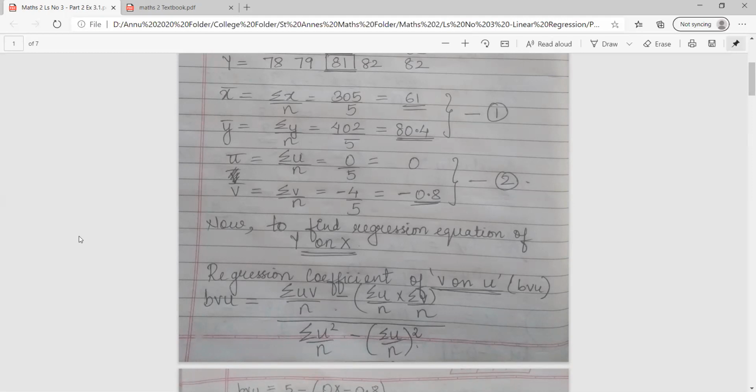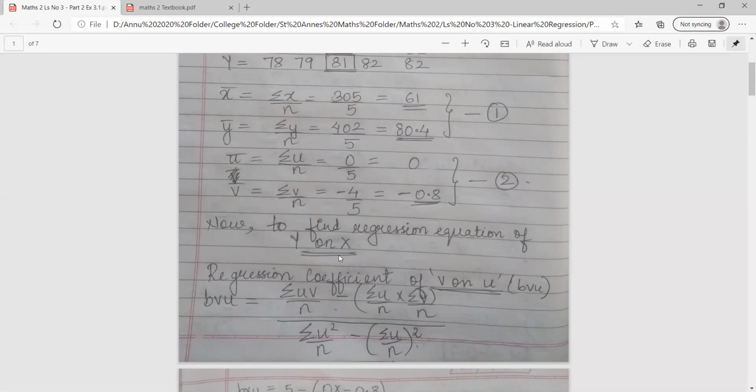So bxy can become buv and byx can become bvu. A very important thing which you have to keep in mind is that the regression equations are never expressed in the alphabets u and v terms. They are always expressed in the variables x and y.